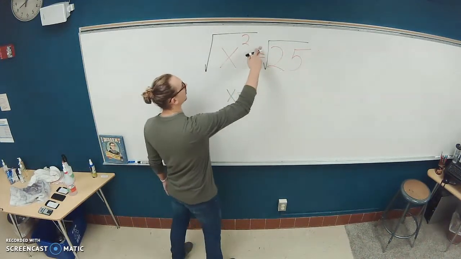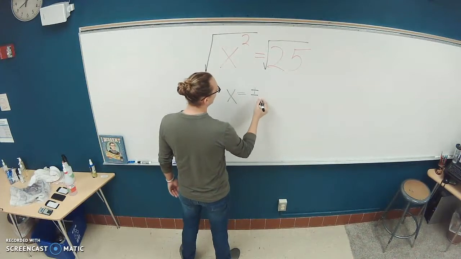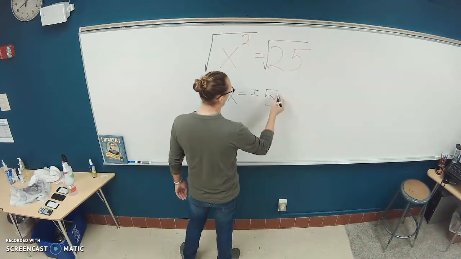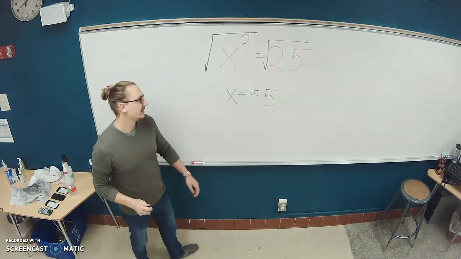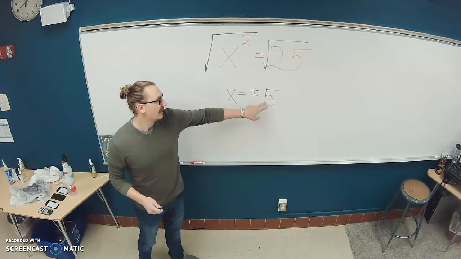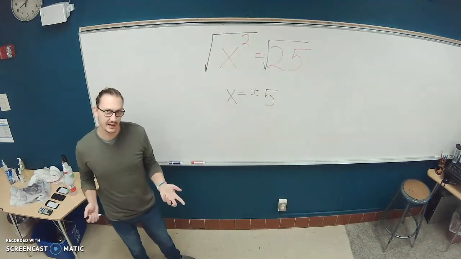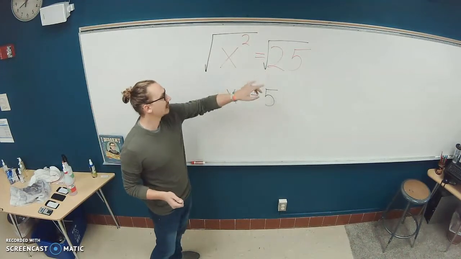Because we took a square root, there's also the possibility that this answer is a negative 5. So the answer is x equals plus or minus 5. So you'll have two blanks, and the options will be 5 or negative 5.